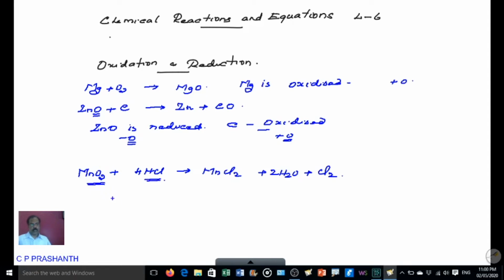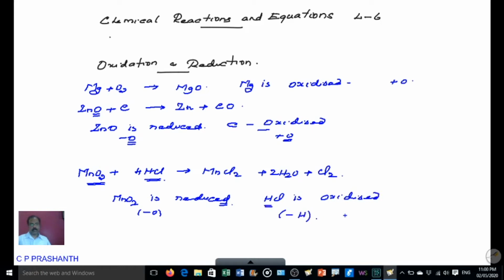You can see manganese oxide is losing oxygen, therefore manganese oxide is reduced, because oxygen is removed from it. Similarly, hydrochloric acid, HCl, is losing hydrogen, therefore it is getting oxidized.